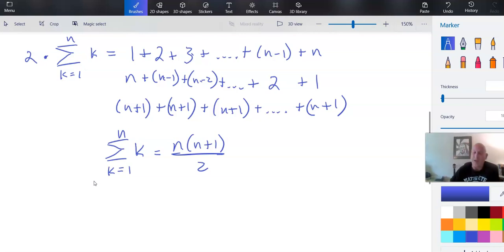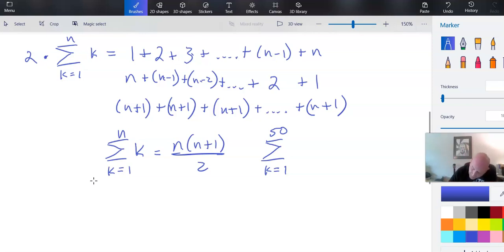Now, how do we use this? Well, it's a good thing you asked. Let's say I have the sum from k equals 1 to, let's pick something, I'll just pick 50. Right? Certainly that's something you could add up. You could probably just pull out a calculator. 1 plus 2 plus 3 plus 4 plus 5 plus 6 plus 7 all the way up to 50, right?